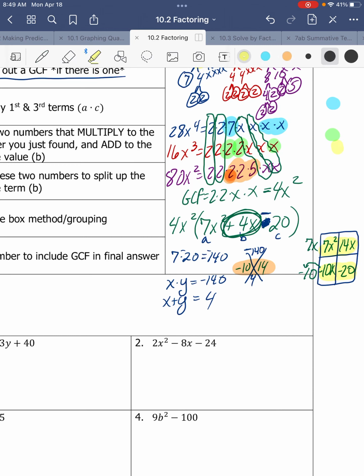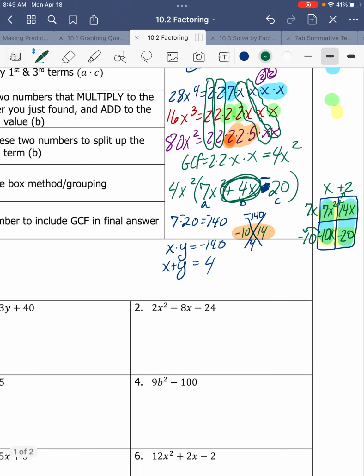The greatest common factor of the last column looks like a 2, and because this 14 here is positive, that'll be a positive 2. And the greatest common factor of the first column, between 7 and 10, is just 1, but they both have an x, so it'll be x.